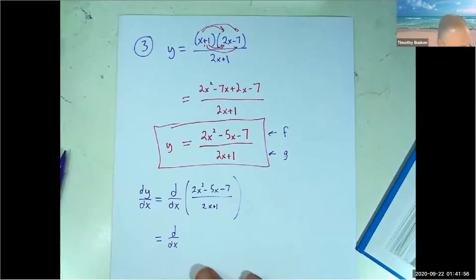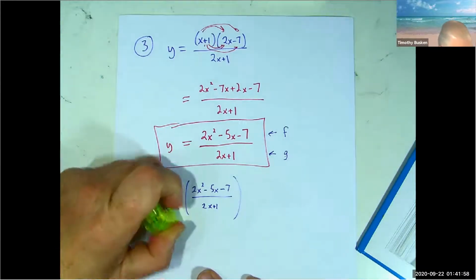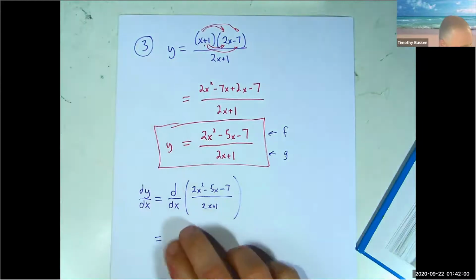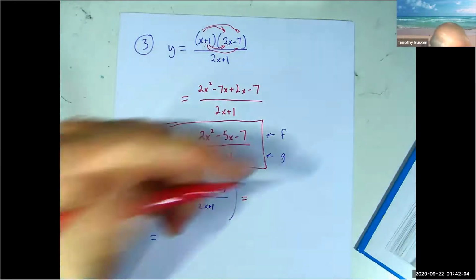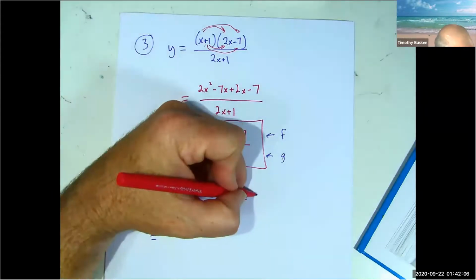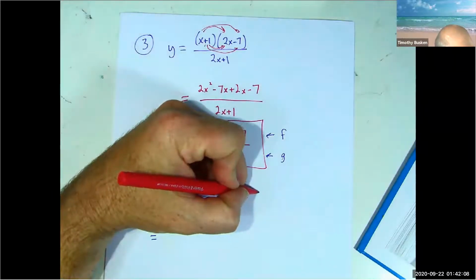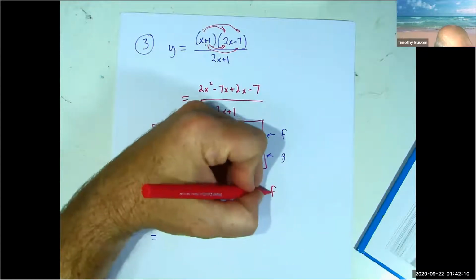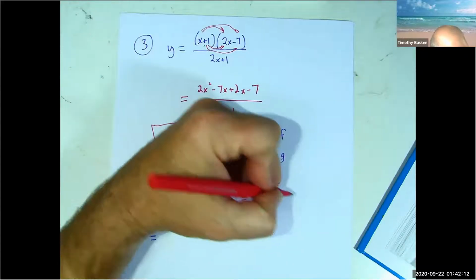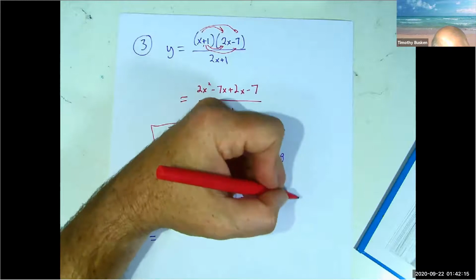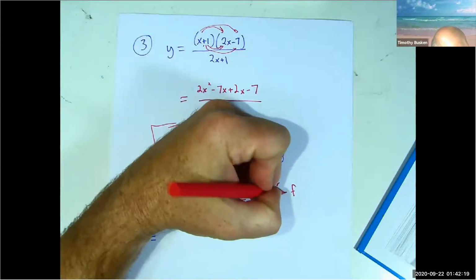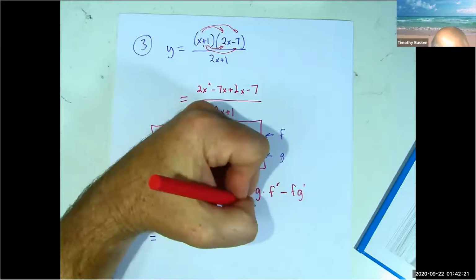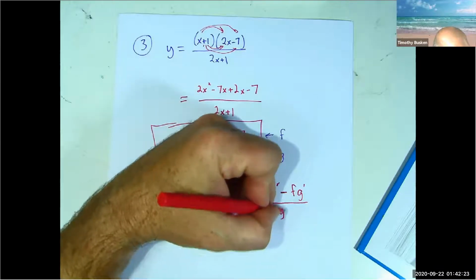So this is just equal to g times f prime minus f times g prime, and that's all over g squared.